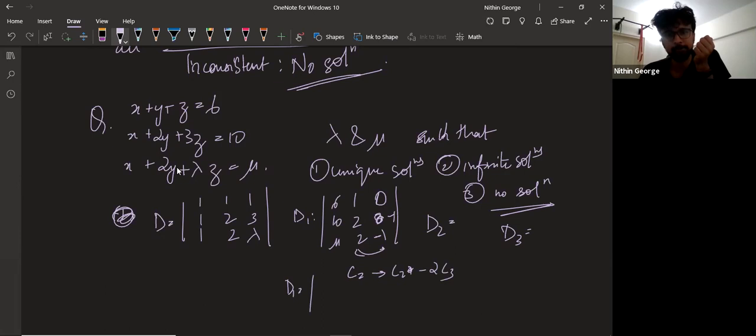So D1 becomes 6, 10, mu, plus 2 C3. 0, 0, 1, 0, -1, -1. Because -1 into -10 plus mu, 10 minus mu.